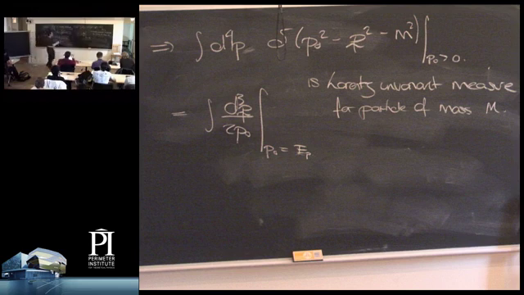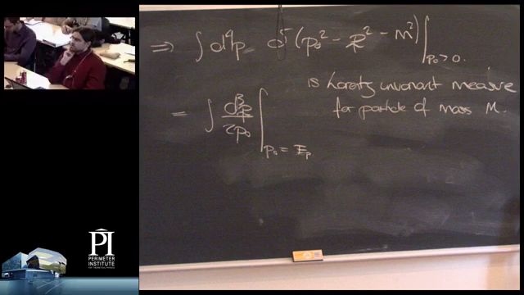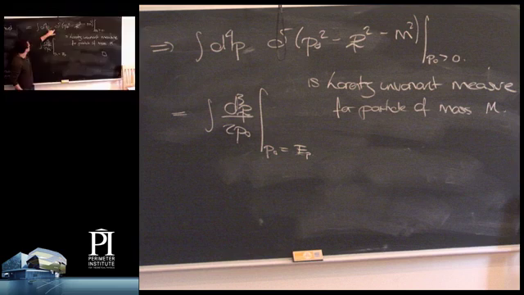Maybe you just explained, but I don't quite understand how the d4p became a d3p with that delta. I did the integration over p0, and I did it using this delta function, which meant that I only picked up p0 when p0 was equal to the energy. But because it's not delta of p0 minus something, but p0 squared minus something, I pick up this thing sitting on the bottom.